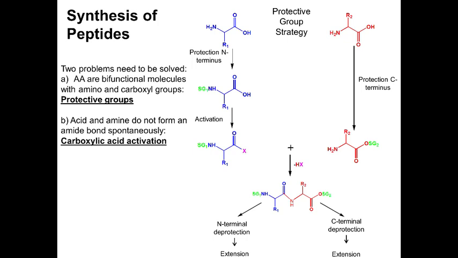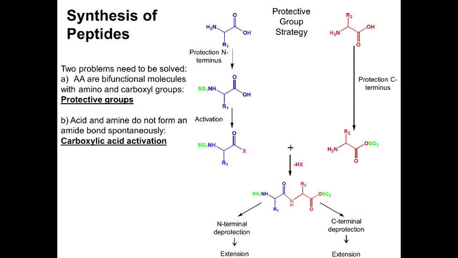The second problem that we need to solve is that we need to activate the carboxylic acid in a specific way so that the carboxylic acid groups can react with the amino groups.